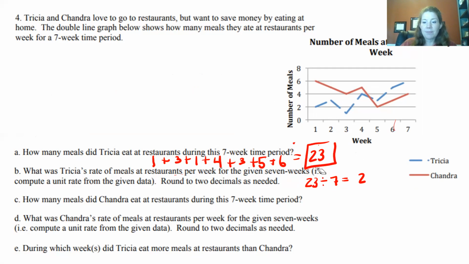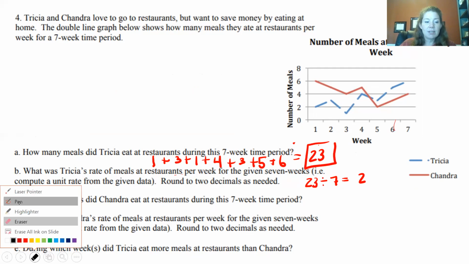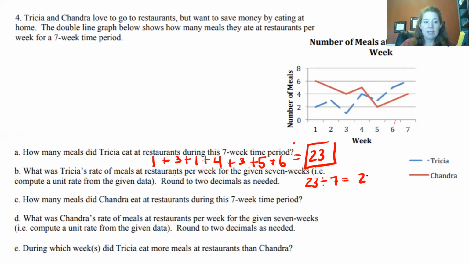Sorry about that. So 23 divided by 7 is 3.285. Well, that 5 turns my 8 into a 9. So the average or the unit rate per week is 3.29.